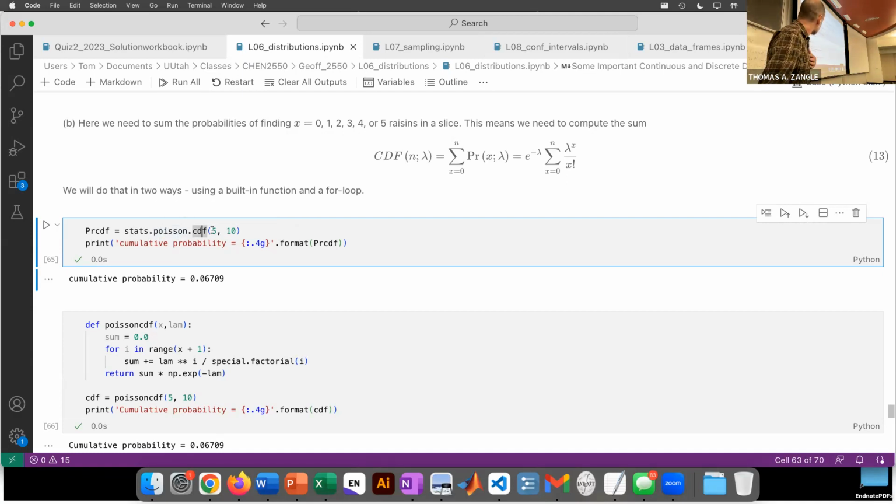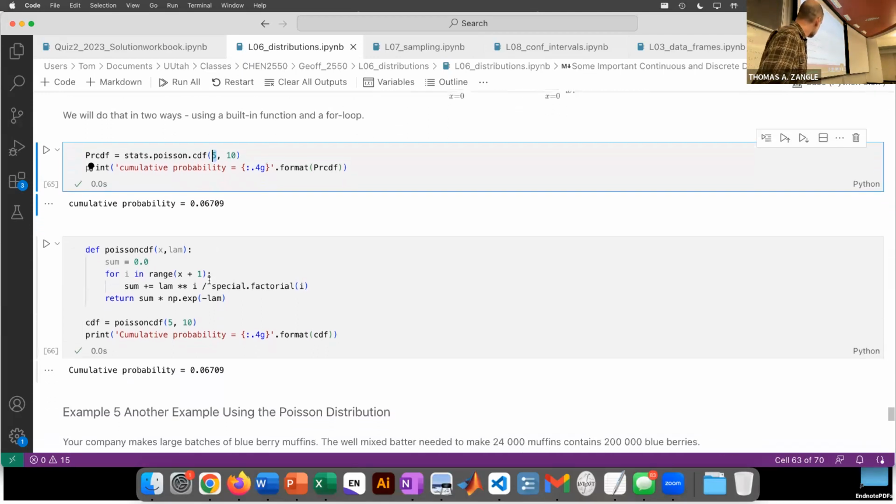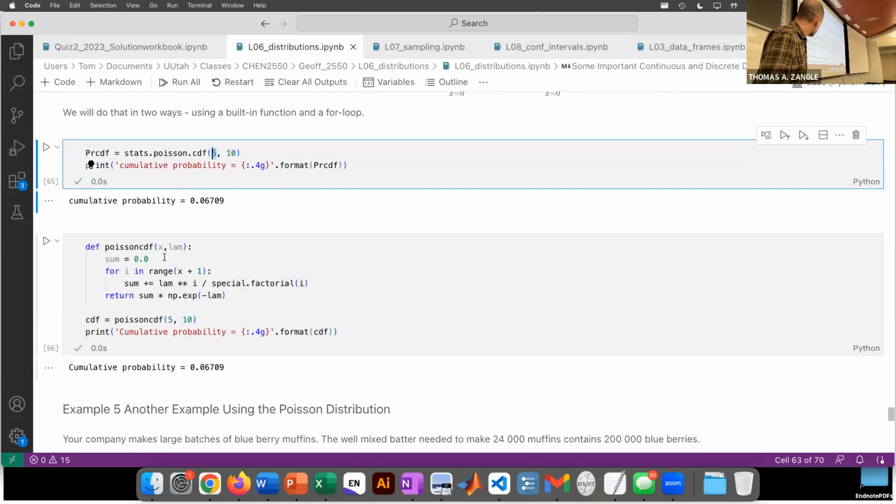In this case, we find that the cumulative probability is 0.067, so just under 7%. We can also find it by taking the Poisson distribution and computing it at each one of those values, 0, 1, 2, 3, 4, and 5, and just adding them together. It's the same thing, and we get the same result. Okay.